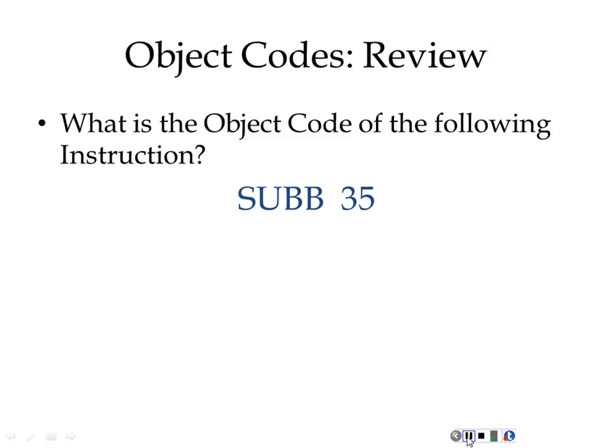Instead of writing in binary, if you write it in hex, it looks small and you can see it clearly. So that's why we will be writing the object code in hex numbers. But remember, in the computer, at the end of the day, everything is binary.